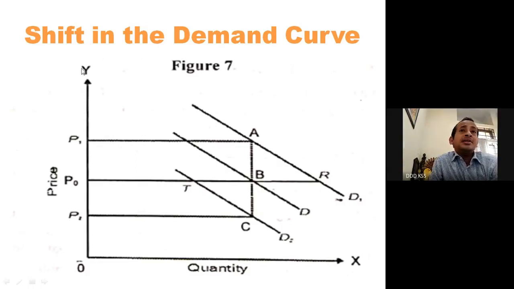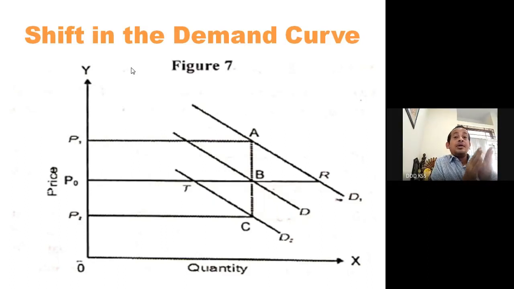Now, in the shift in the demand curve, what is the basic concept? In the assumption of the law of demand, we have assumed that other factors remain unchanged. Now other factors are what? Income will remain the same, price of the related goods will remain the same, taste, preference, habit will remain the same.